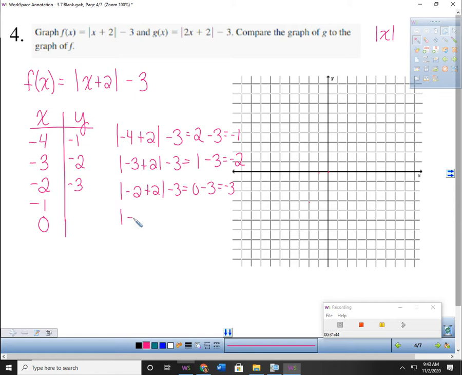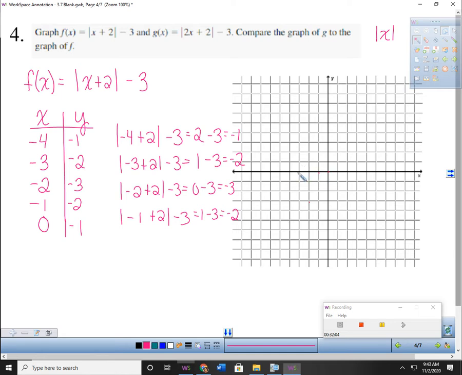Negative 1 plus 2 is 1. What's the absolute value of 1? 1, and 1 minus 3 is negative 2. You've turned. Do you see that? So then the next one will be negative 1.